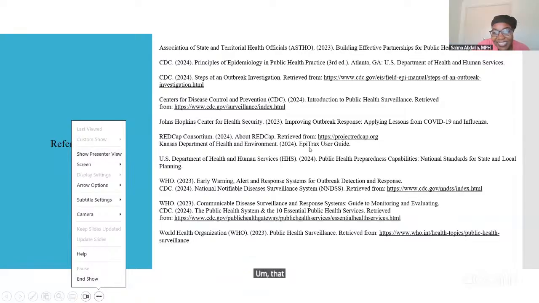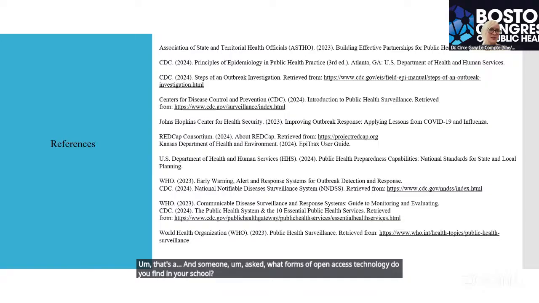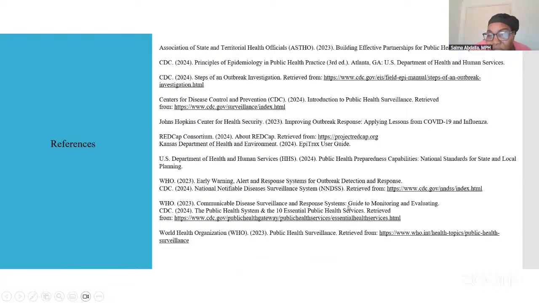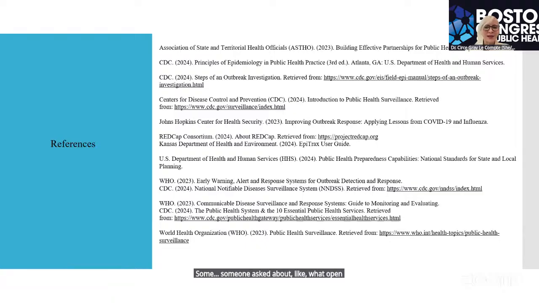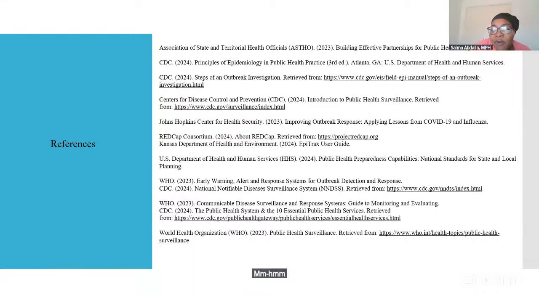Someone asked what open access technology software programs you have found most useful in disease surveillance. You mentioned REDCap. Yes, I found REDCap to be very helpful.